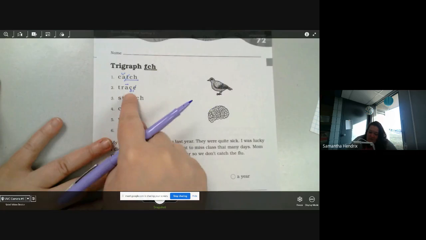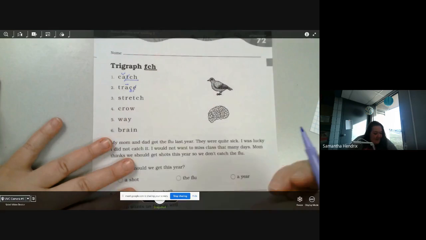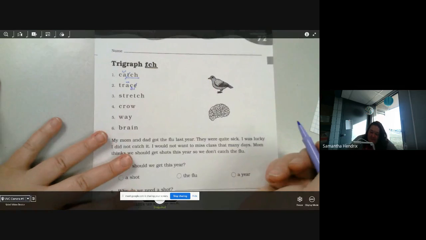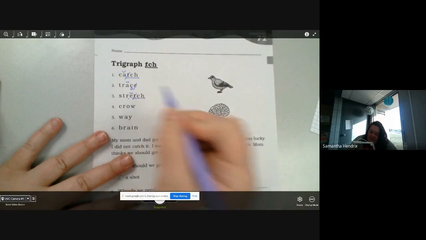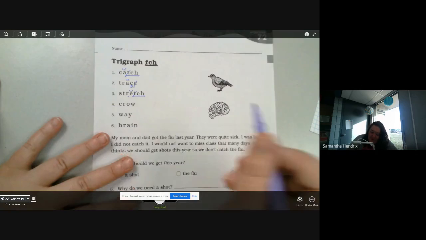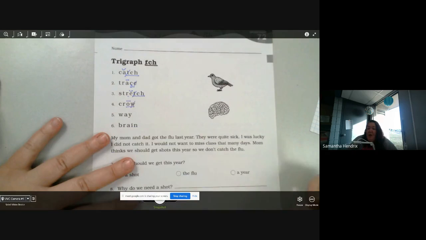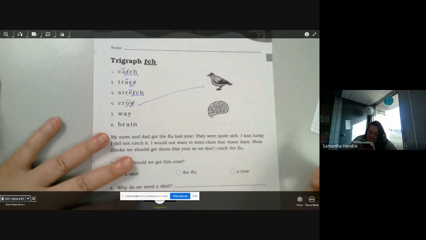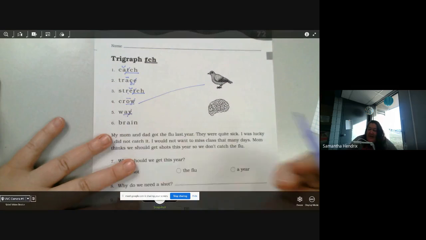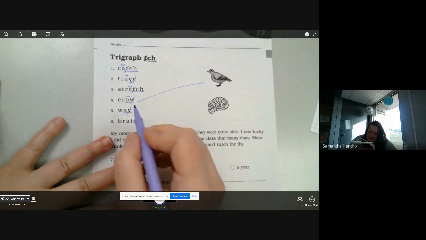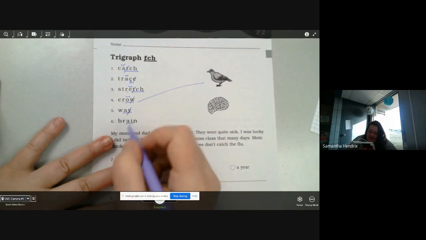We have the little cedilla. So we have trace. Okay. Oh, here's a new one. Etch. Oh. Crow. That's a bird. Way.